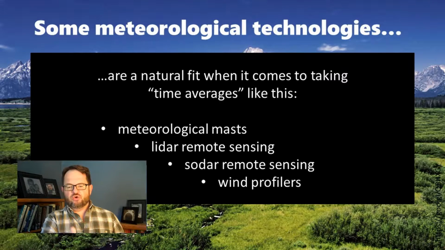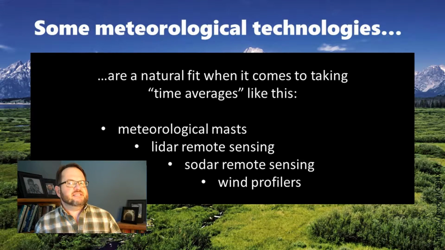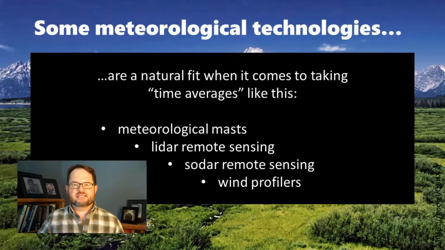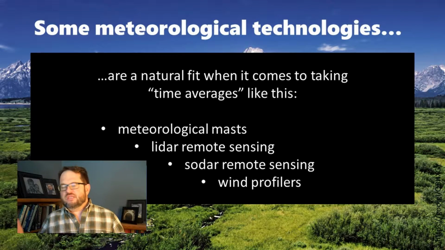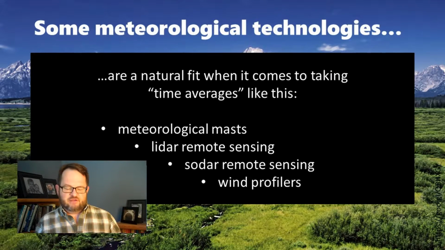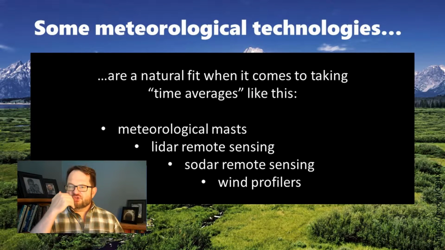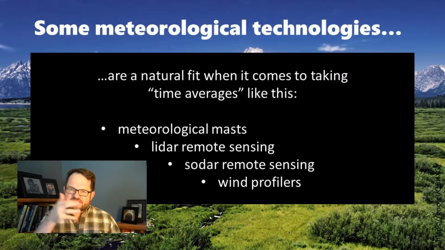So you could take your location here, like with a meteorological mast, and as air flows past it, you'd be taking the average of the speeds over a period of time, maybe 10 minutes or something like that, as is the WMO standard. But it could be longer than that if you needed to. The station stays at the same location. It is stationary. And so some of these technologies are a natural fit to that.